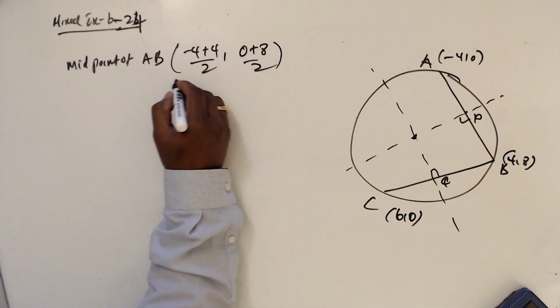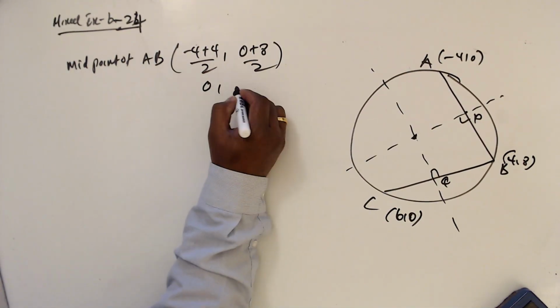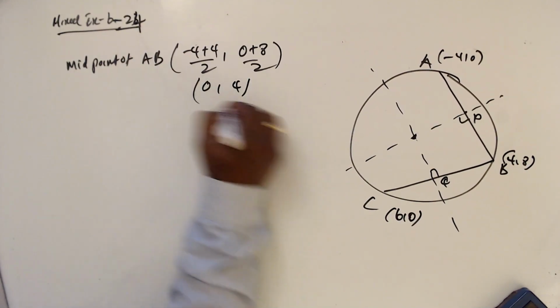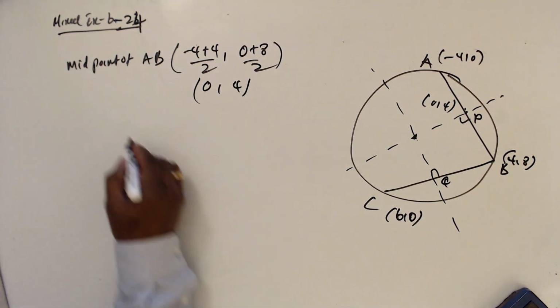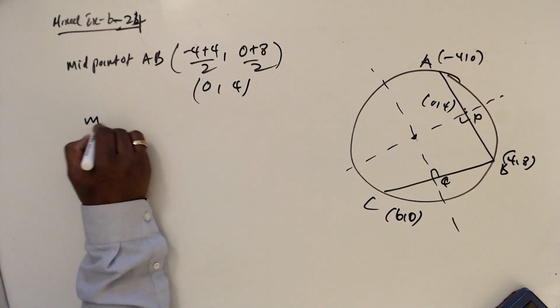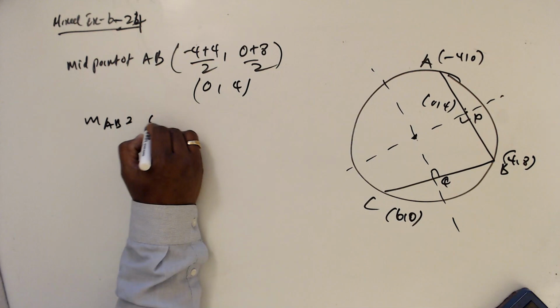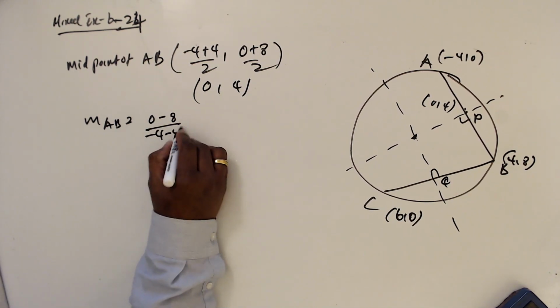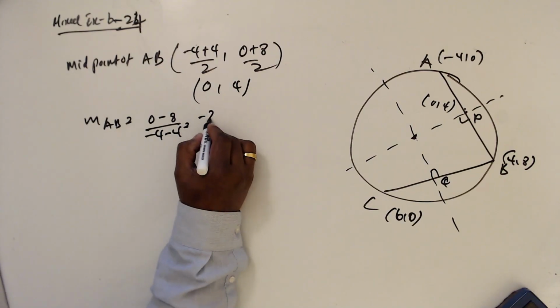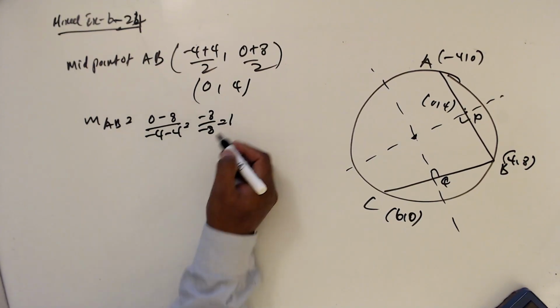This is going to be 0, and this is going to be 4. So this point is 0, 4. And the gradient of AB is 8 minus 0 over 4 minus minus 4. So it is going to be 8 over 8, which is 1.